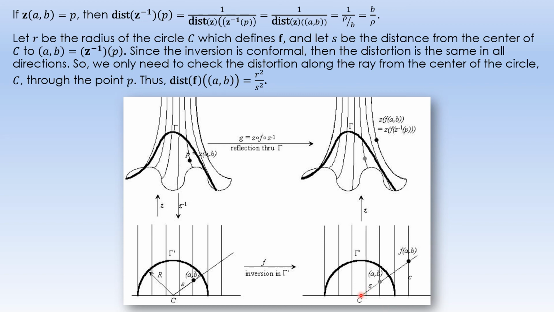So the length from our center circle to f of AB, by definition of inversion, is r squared over s, and the length of the arc from C to the point AB is s, so r squared over s divided by s is r squared over s squared.